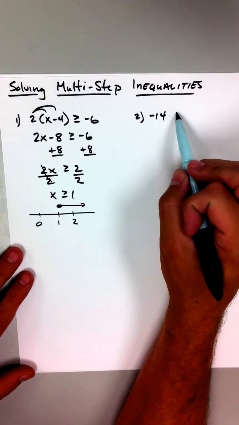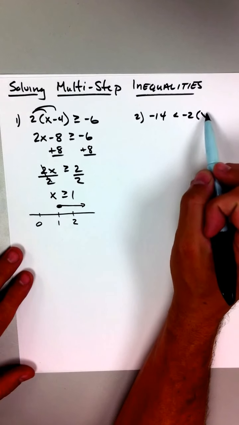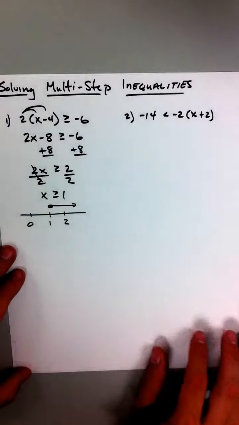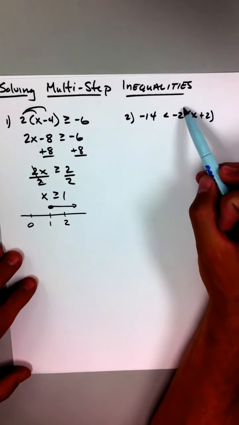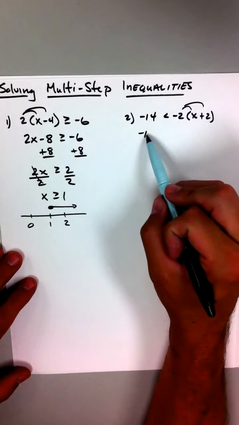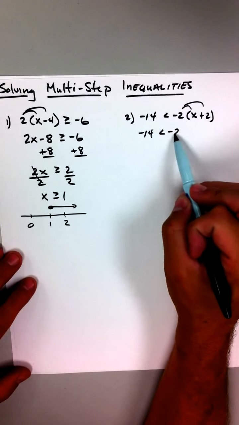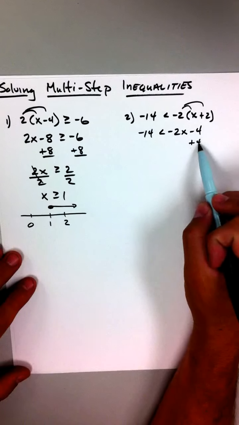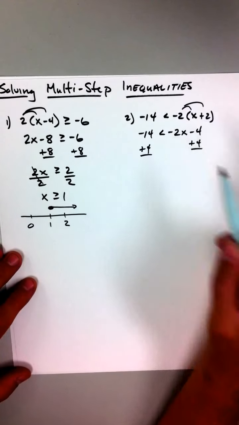Negative 14 is less than negative 2 times the quantity of x plus 2. Well, again, first step is still the same. We're going to distribute. So we get negative 2x minus 4. Next step looks like we would add 4 to both sides.